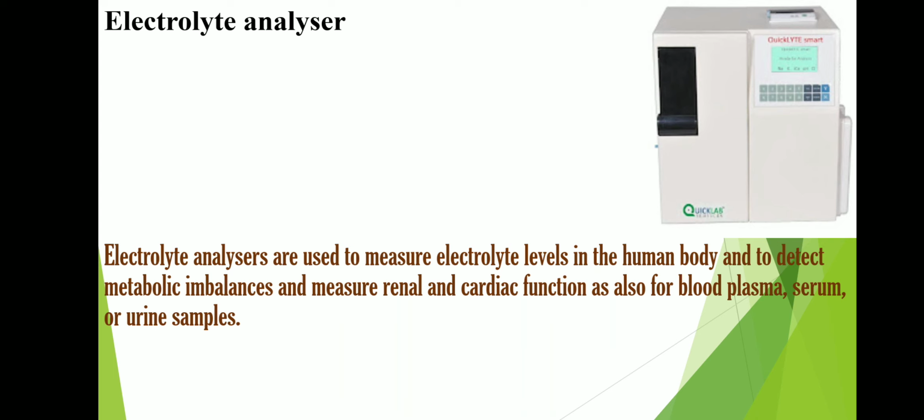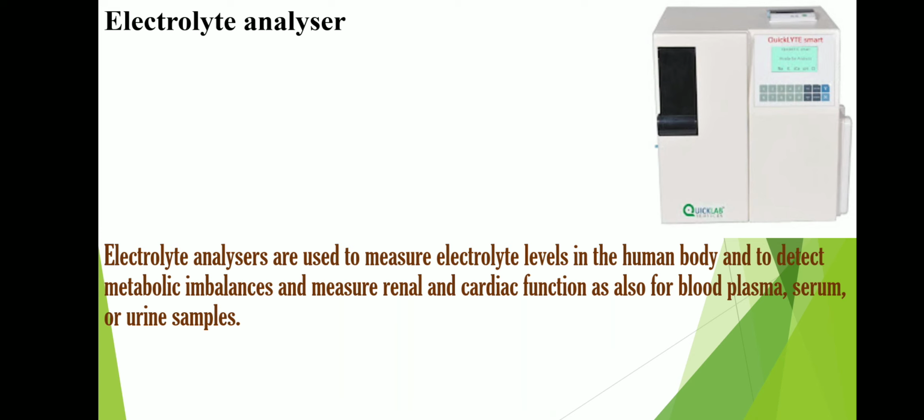Next is one more, the electrolyte analyzer. These are used to measure the electrolyte level in samples of the human body, to detect metabolic imbalances, and to measure renal and cardiac function, for blood plasma, serum and urine samples. So with this analyzer we can test electrolytes in both urine as well as blood plasma.